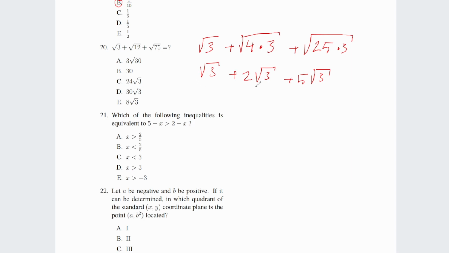So now we have 1, 2, 3, 4, 5, 6, 7, 8 times the square root of 3. So our answer choice is E, 8 times the square root of 3.